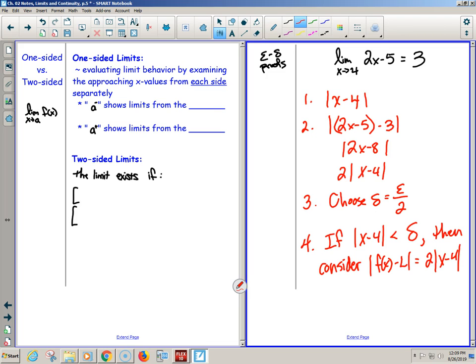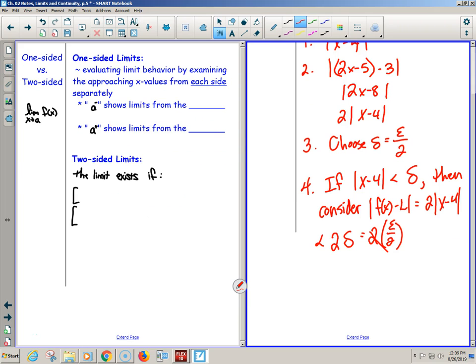Plus delta, 2 times epsilon over 2. And then if you cancel it out, you get epsilon. Then you put the three dots, and then box it, with a flower.